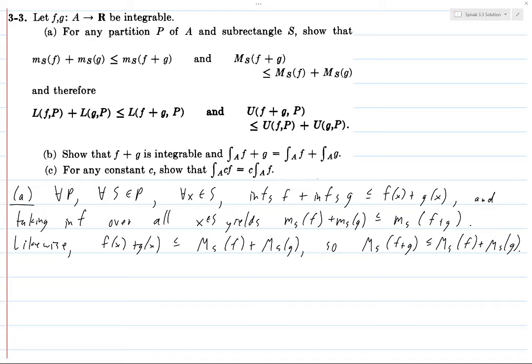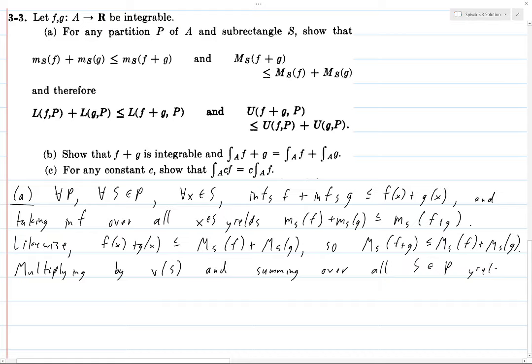So we get this, and then multiplying by the volume of S, and summing over all S in this partition P, it's not going to change any of the inequalities.